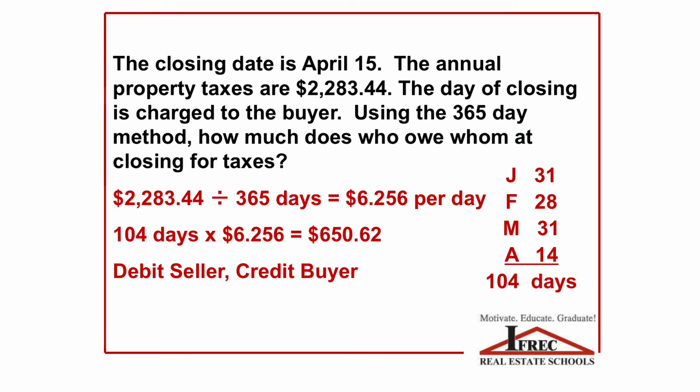Leave that number in your calculator, because the next step is multiplying that number times the number of days that you calculated in step 1. The answer of $650.62 is the prorated amount. That's going to be debit to the seller, credit to the buyer.